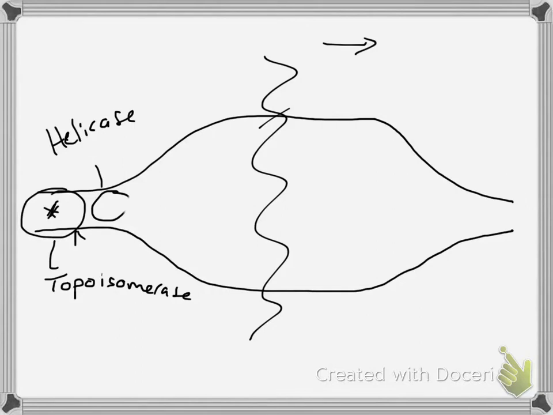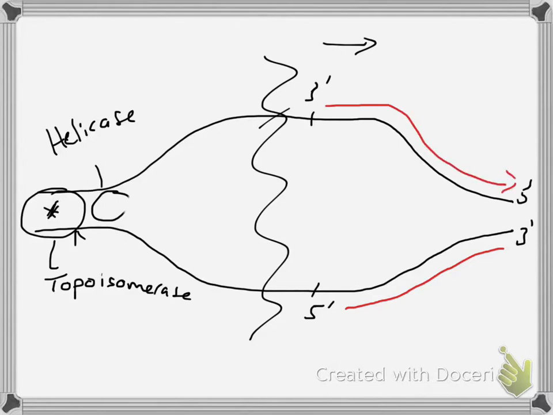If I make this my 5 prime and this little starting point here 3 prime, and this one has to be anti-parallel, so this is 5 prime here and 3 prime here, right? So we are reading the DNA, okay, so we are going to read it 3 to 5. So we can read this bottom strand in this direction. We can read this top strand in this direction, right? That's our 3 to 5. So those red lines, that's our reading, okay?